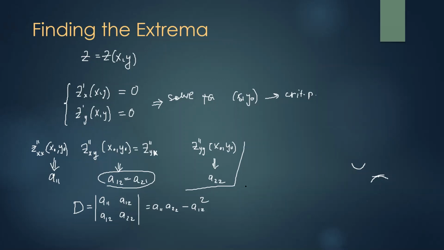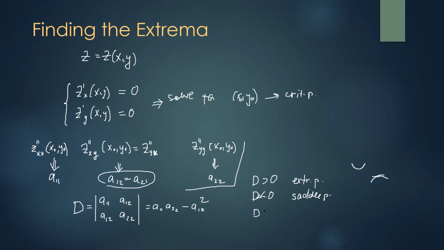And so now, first of all, if the determinant is positive, then the extremum point exists. It is an extremum point. If this determinant is negative, then it is a saddle point, no extremum.